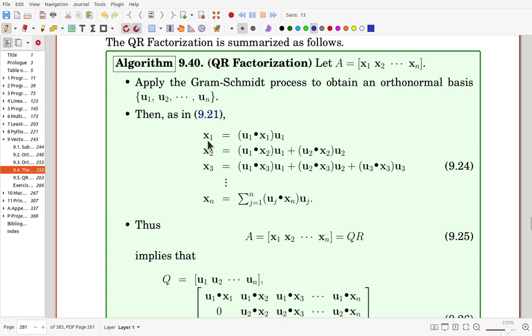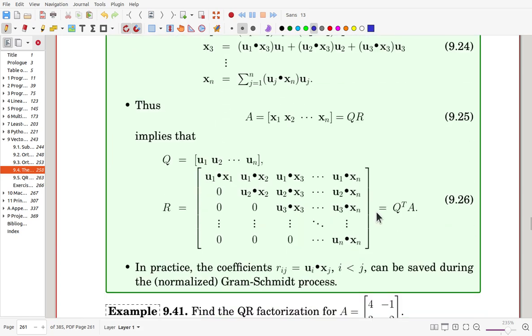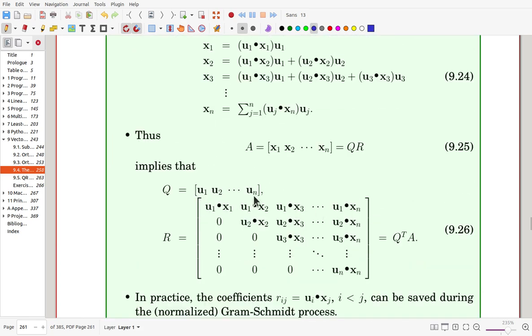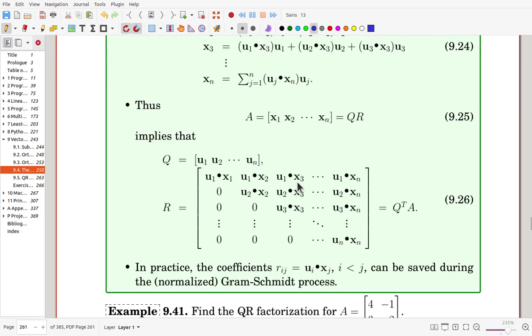So x1 is projected onto U1, and x2 onto the U1 and U2 subspace, and so on. Then here Q is the collection of the orthonormal bases, and R is the collection of the coefficients. Or once you have Q, you may apply Q transpose to A, then you can get R.